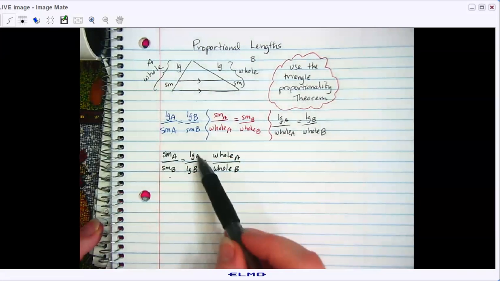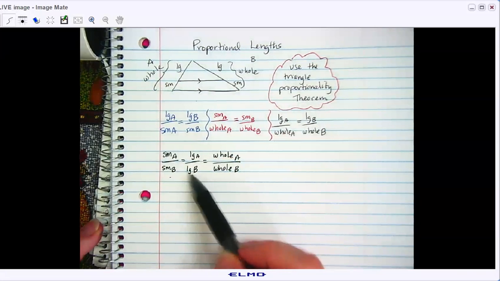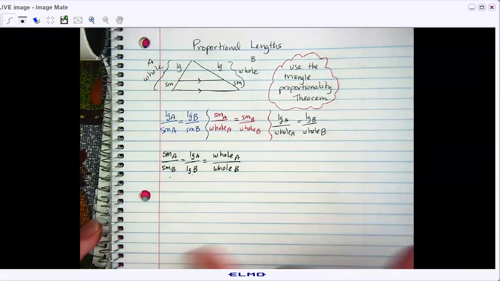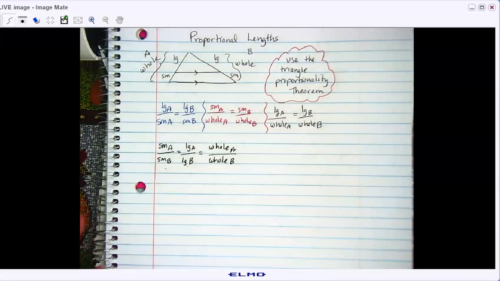Small over small equals large over large. A over B, A over B, A over B. I know that's a lot of abstract things right there.